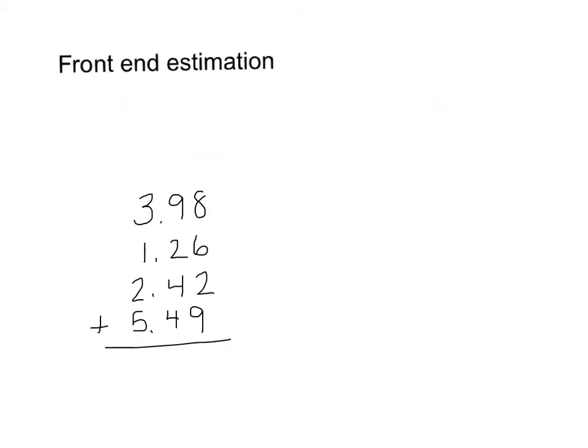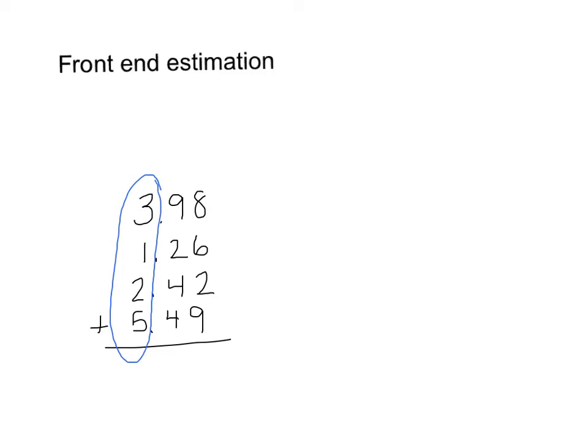Sometimes when it comes to decimals, it's important to have an idea, an estimate, of what your answer will be. One technique by which we can do this is something called front-end estimation. Front-end estimation gets its name from looking at the front end, looking at the numbers that come before the decimals.